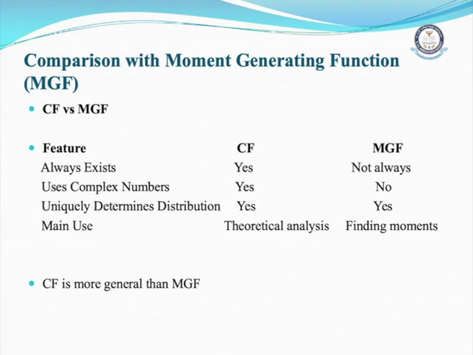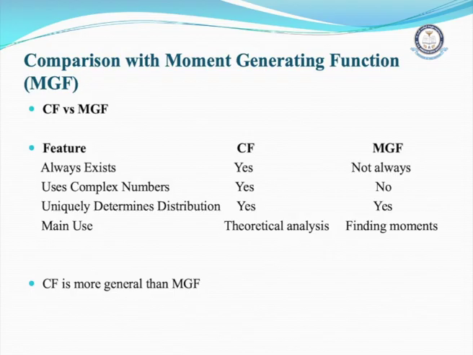So, if MGF is possible for any distribution, the characteristic function is also possible for every distribution, okay. The main use is in theoretical analysis, where we use the characteristic function. Here we find moments using the moment generating functions.